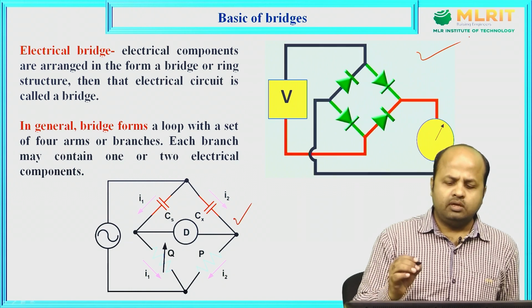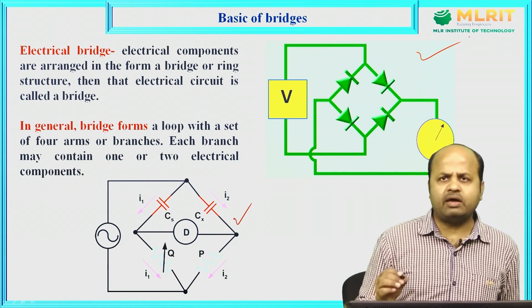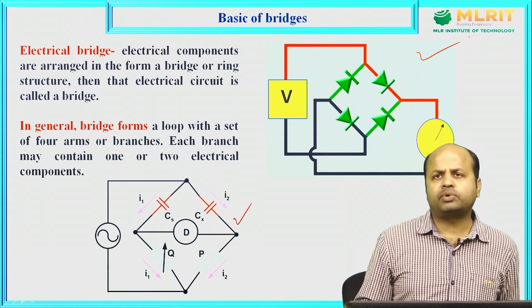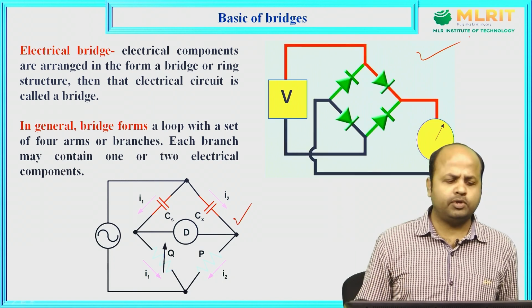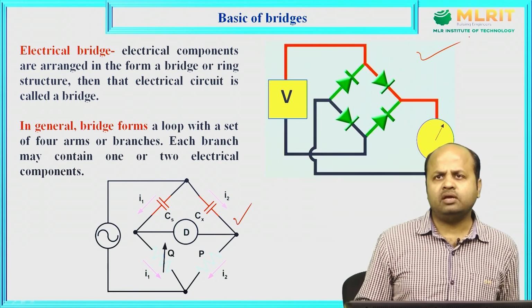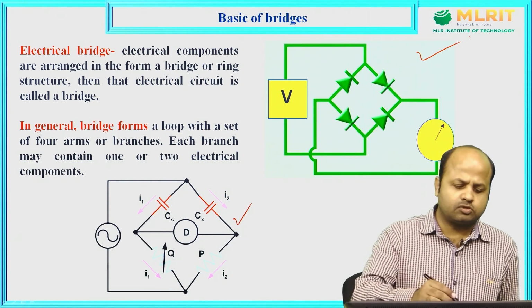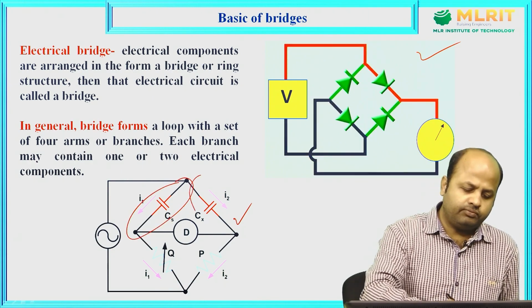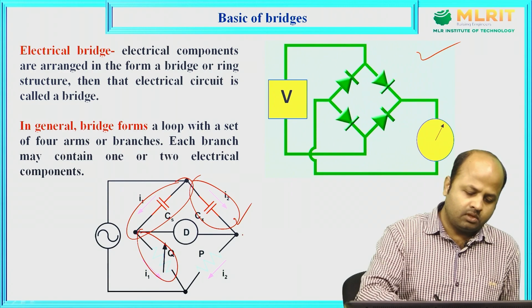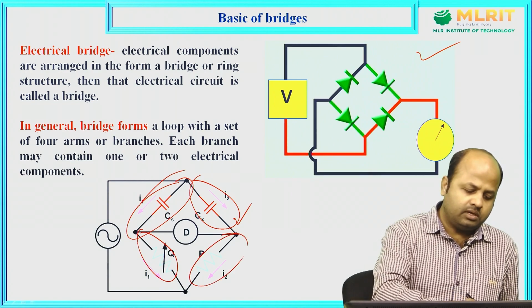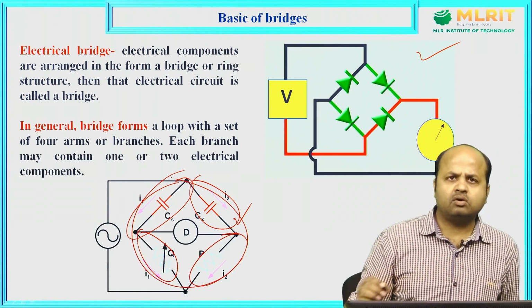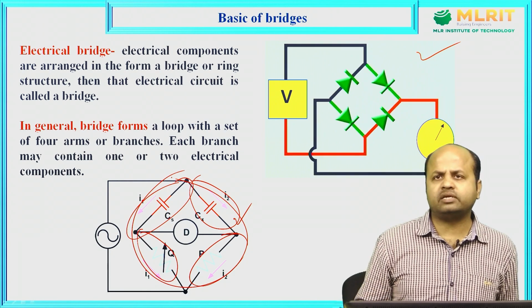So if an electrical circuit has 4 branches and is in a closed loop, we can say that this is an electrical bridge. Here also we can see that there are 4 branches or 4 components, and these are all connected in a closed loop. So we can say that this is a type of electrical bridge.